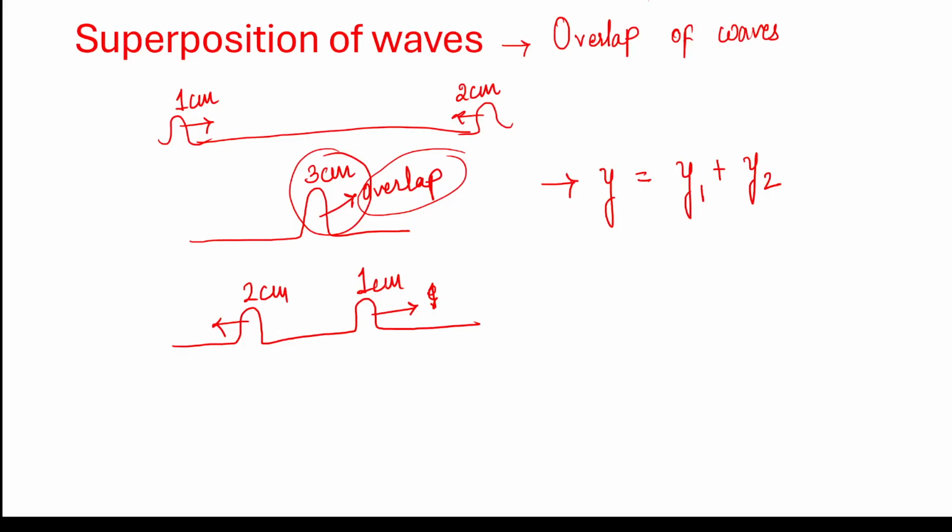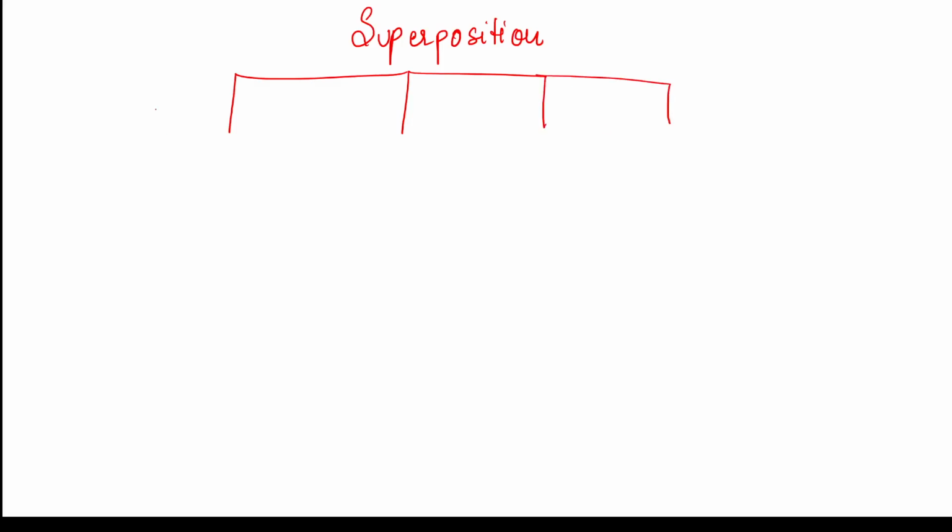Okay, so that's superposition. Now superposition of waves can produce different phenomena. I'm going to write, so the umbrella is superposition of waves. This could produce 4 kinds of phenomena, broadly speaking.